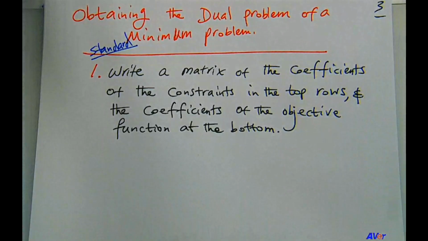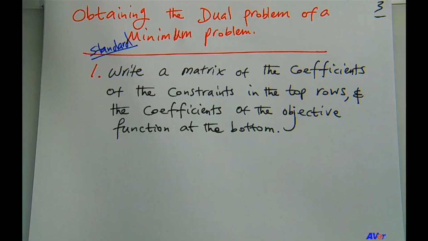The top rows are always the coefficients of the constraint inequalities. The very bottom row is always the coefficients of the original objective function without any rearranging.